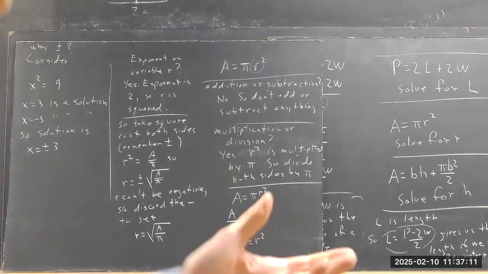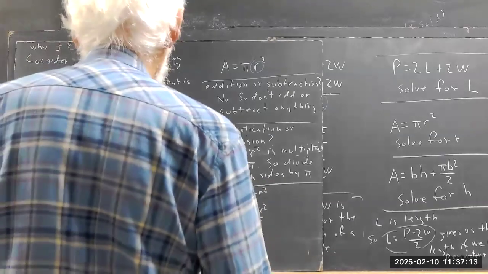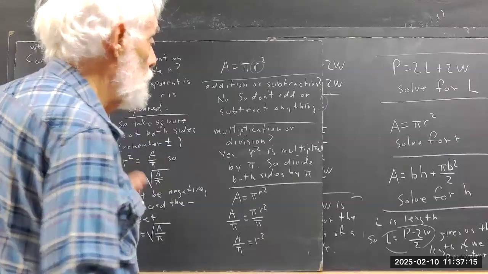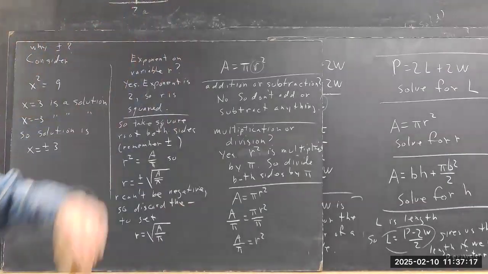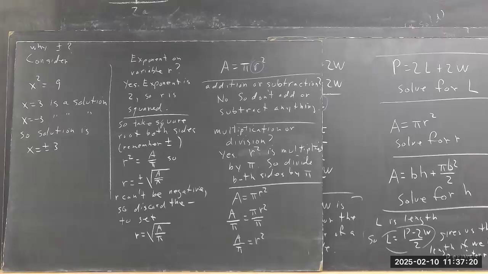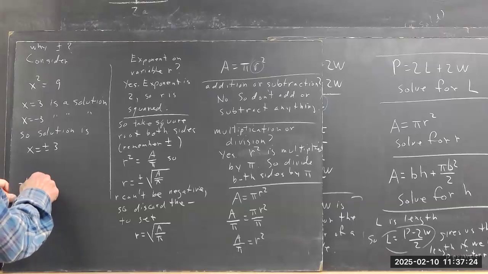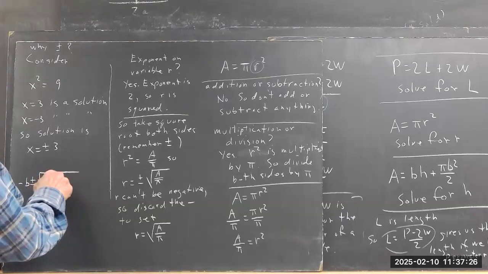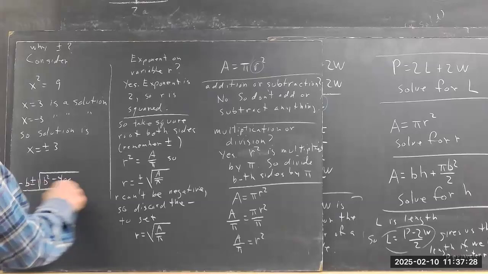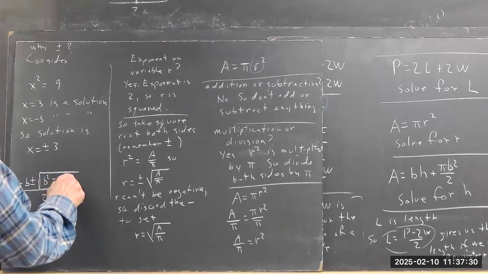And that's going to come up later. Remember the quadratic formula? Anybody remember the quadratic formula? It involved an expression like negative b plus or minus the square root of b squared minus 4ac, all divided by 2a.